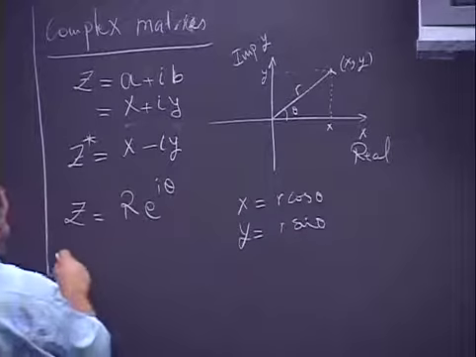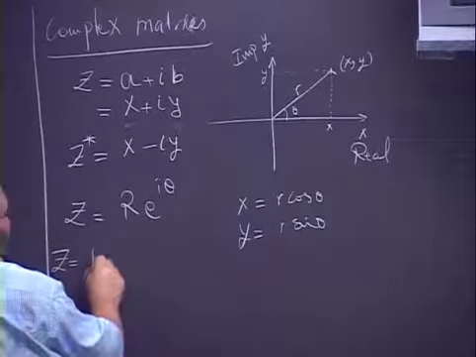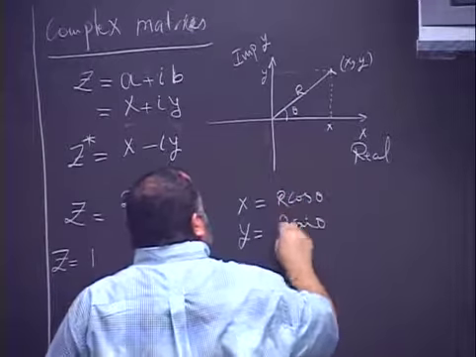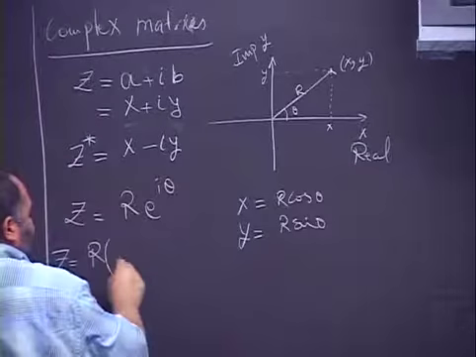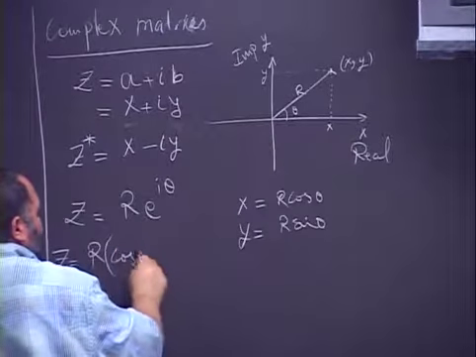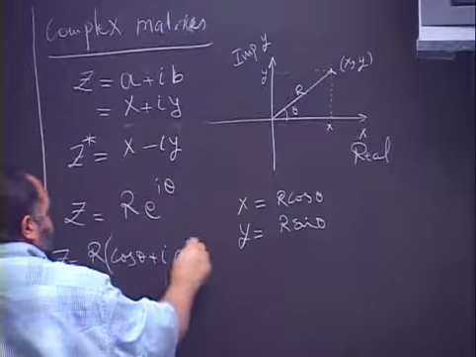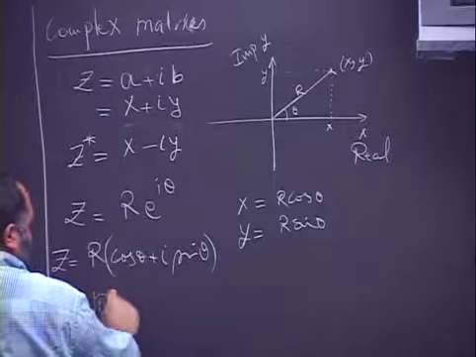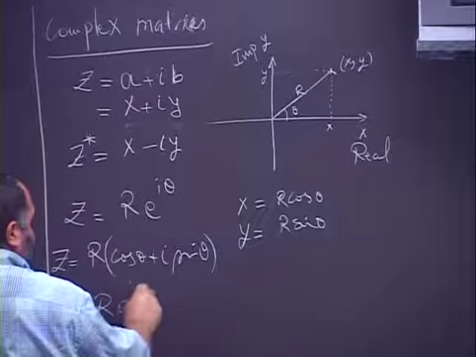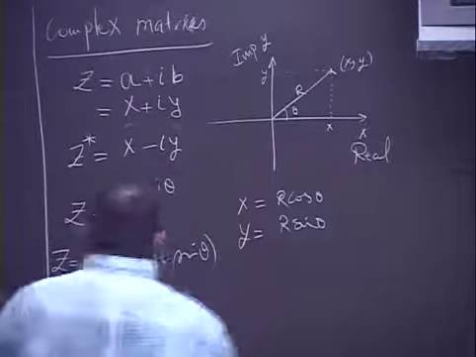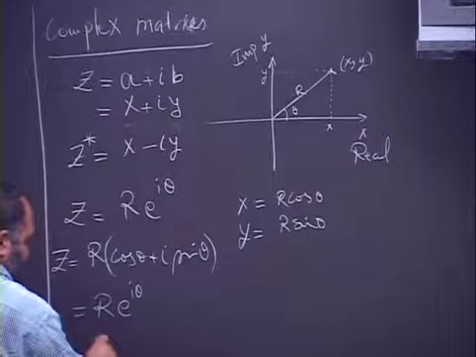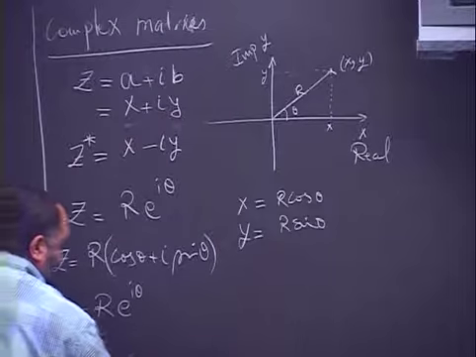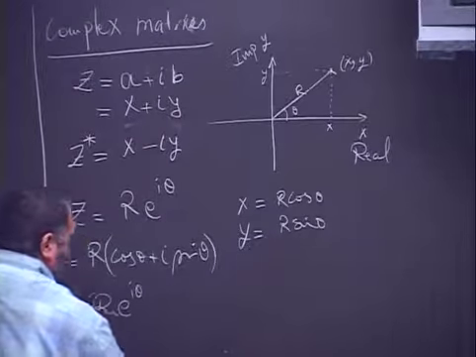So you can represent z as r multiplied by cosine theta plus i sine theta. So this is equal to r e to the power of i theta, and from here you can prove that e to the power of i theta is equal to cosine theta plus i sine theta.